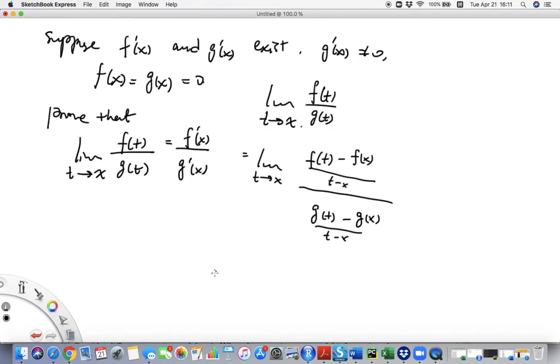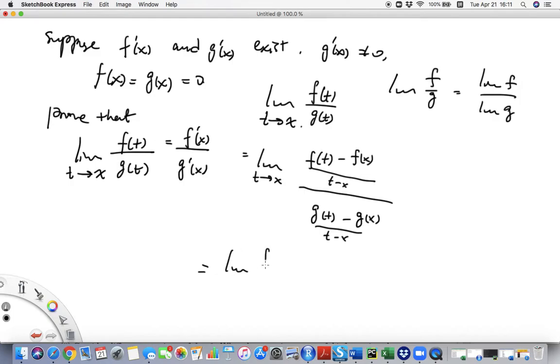So now, because the limit exists, when you're evaluating this limit, you can evaluate the limit of numerator and denominator separately and then divide them. So that is to say, the limit of f over g is the limit of f over the limit of g, provided that the limit of g is not equal to 0, right, which is given.